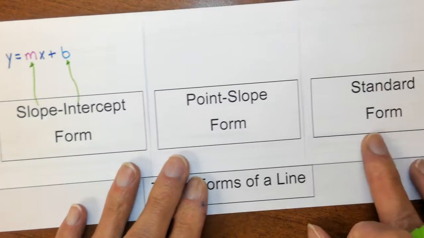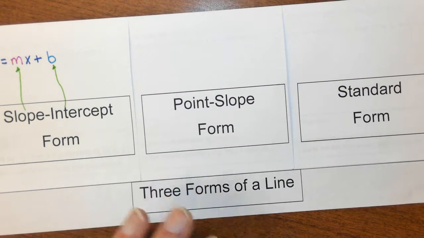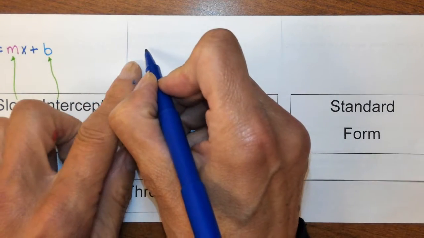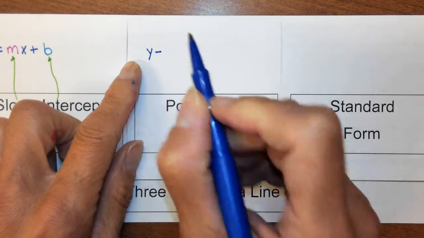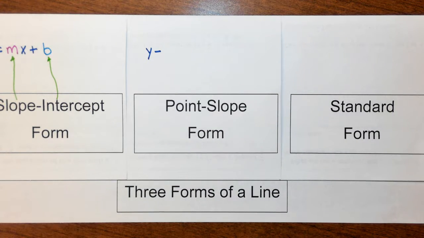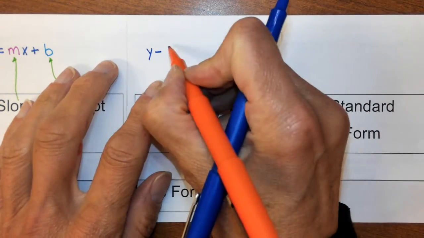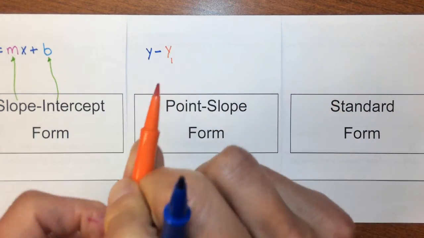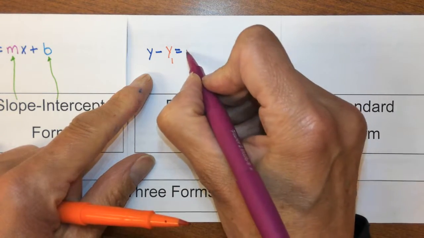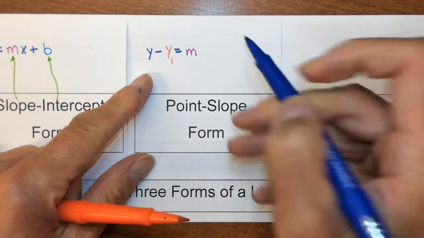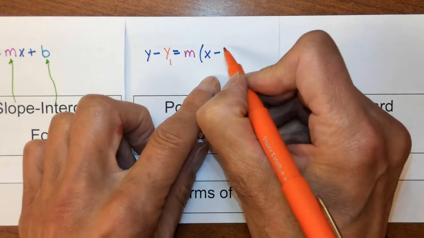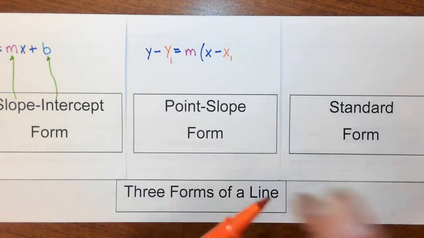Okay, let's move over to point-slope form. So point-slope form is a little different. We're going to have y minus, and it's going to be subtracting a point, which I will do that one in orange, y1, and that equals our slope times x minus x1.